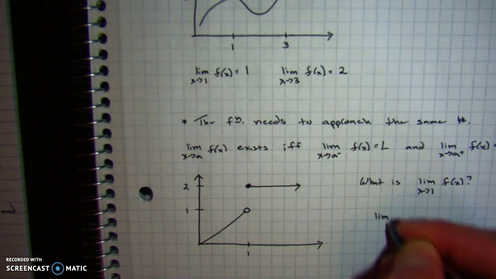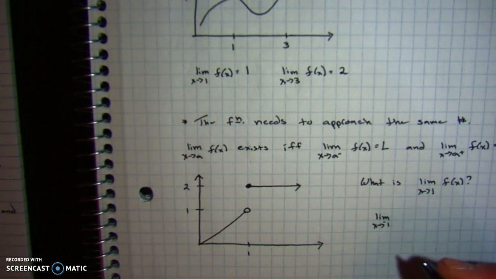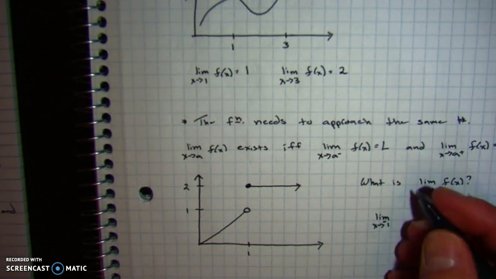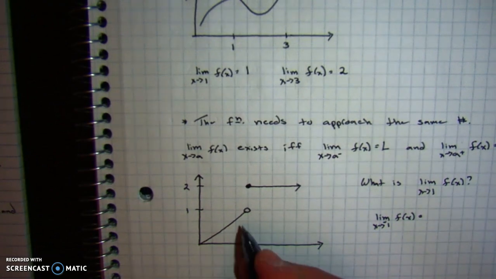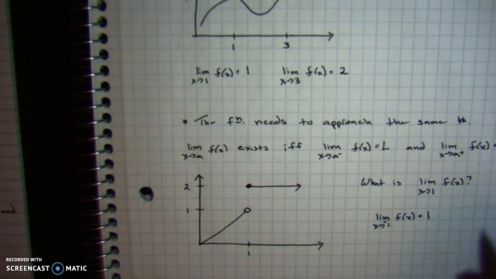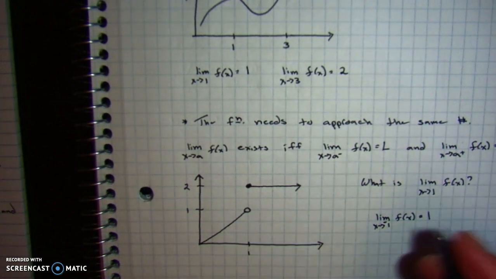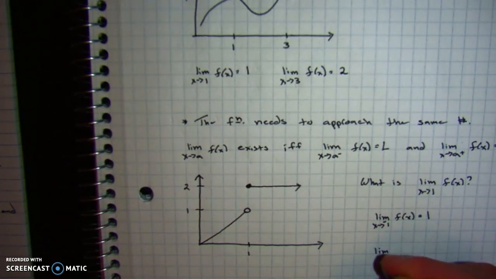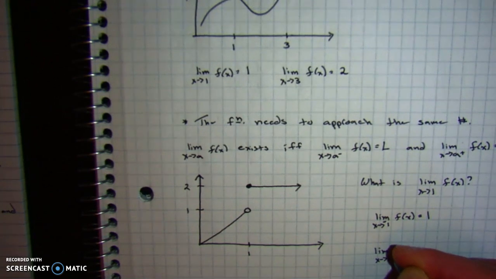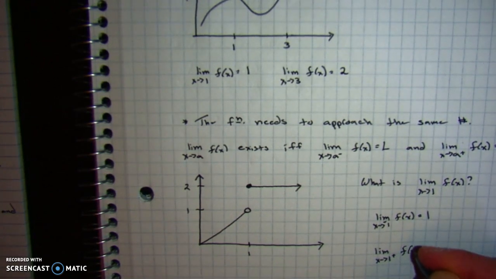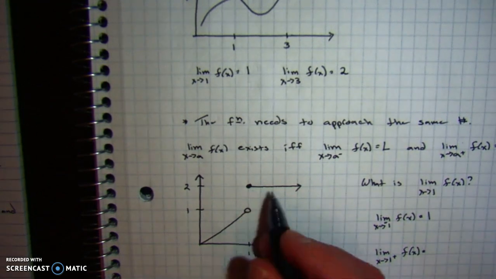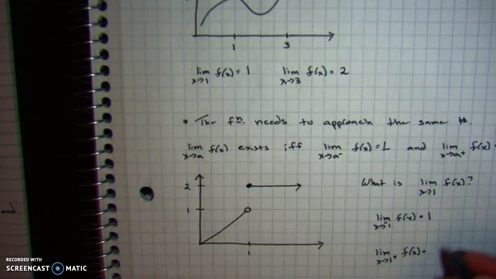Well, you'll see now there is a limit question here. The limit as x approaches 1 from the left, so that's that little minus sign, is going to equal 1 because it approaches 1 and gets close. And the limit as x approaches 1 from the right equals 2.